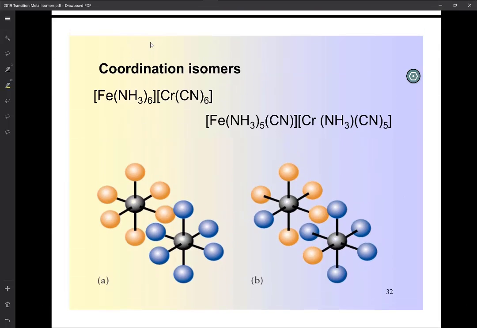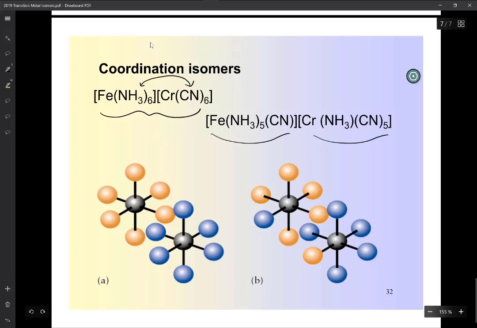The last one of these isomers is known as a coordination isomer. So you have a coordination compound consisting of two complex ions. If you take a ligand from here and swap it with a ligand from there, you can form compounds that look like this. So that's all that's happened. If you count the NH3s up here, there's 6, and if you count the CNs here, there's 6.